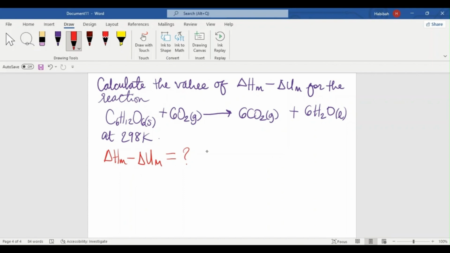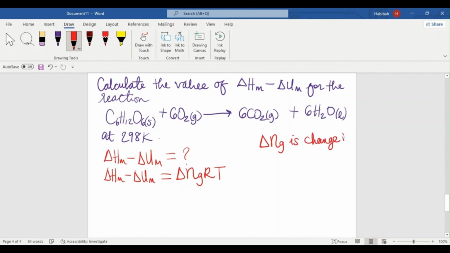Before we do anything, you have to note that the change in H of M minus the change in U of M equals the change in N of gas times RT, where change in N subscript G is the change in the amount of gas molecules in the reaction.